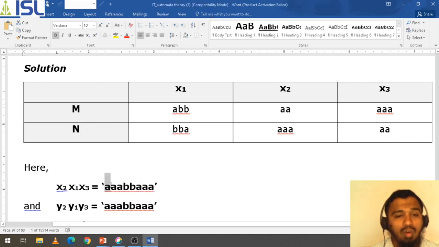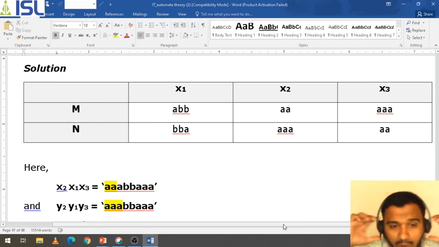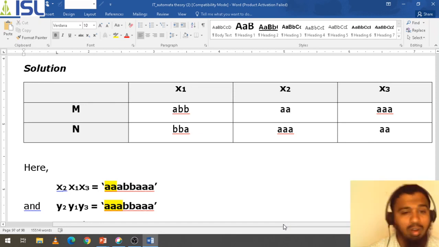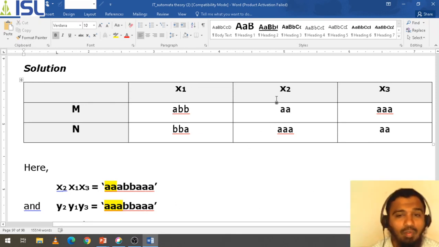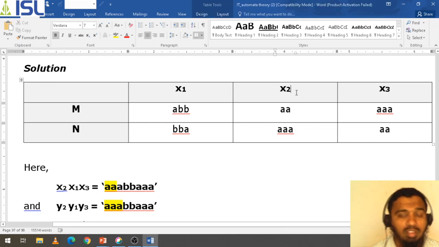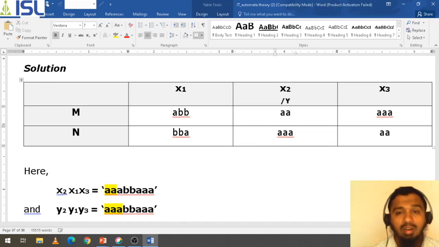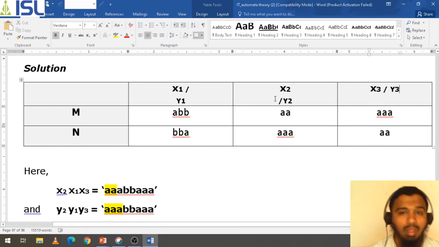In the above, first we got it yellow, and here also in the first we got triple A, y2. Okay, this is x1 and x2 and y2, y1, and this is also y3.